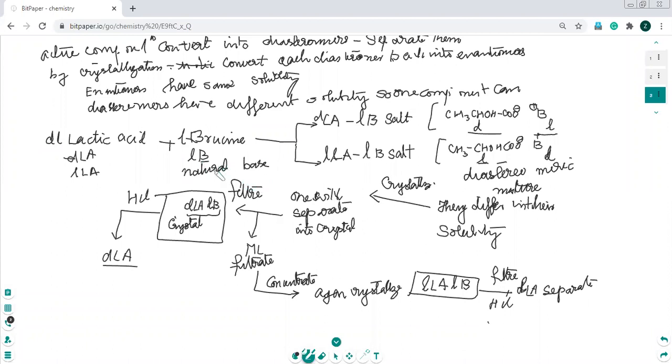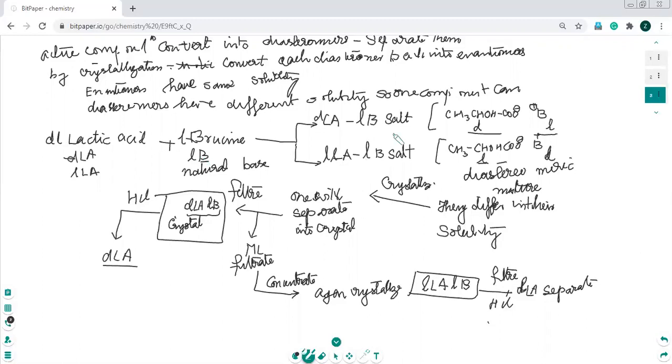Why did you have to use a base? Why did you have to use some natural product? Because you require something which is optically active. Your base should be optically active, and nature only supplies you the best optically active compounds.